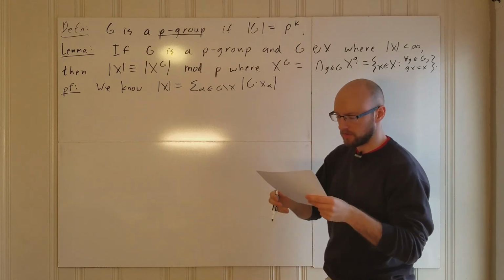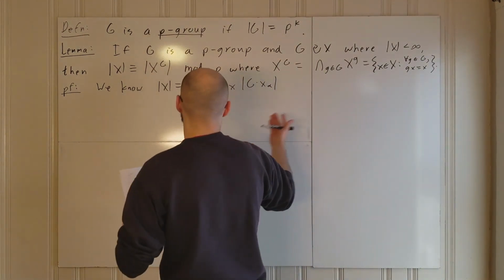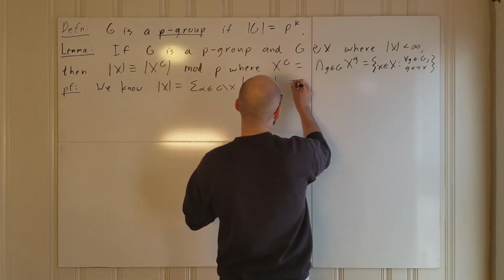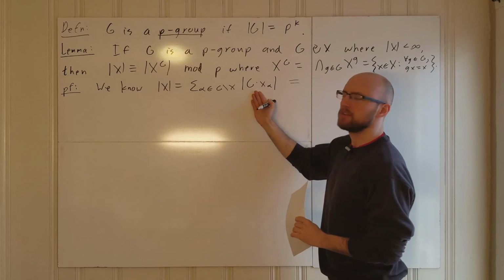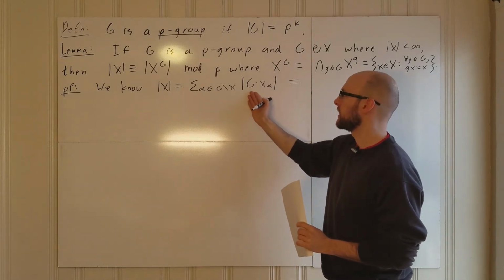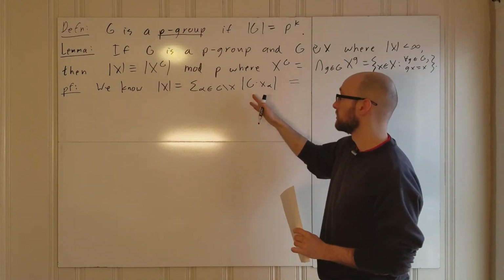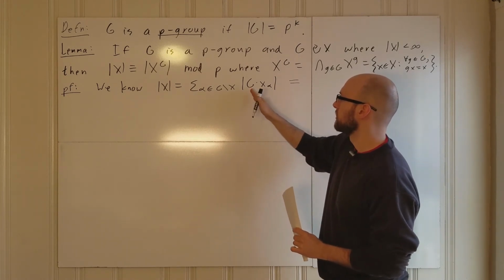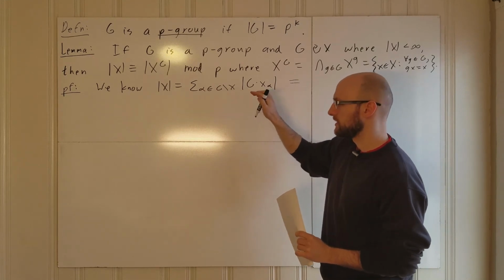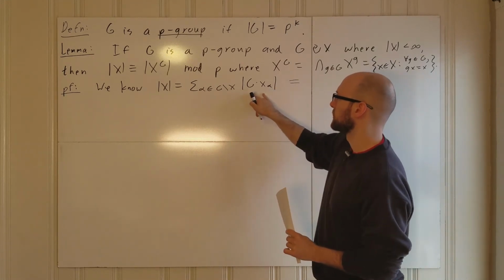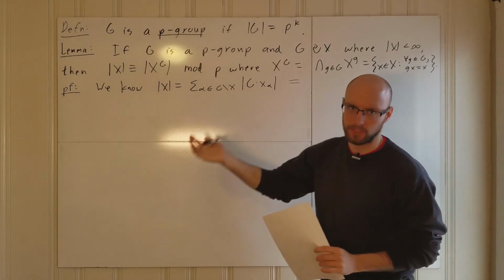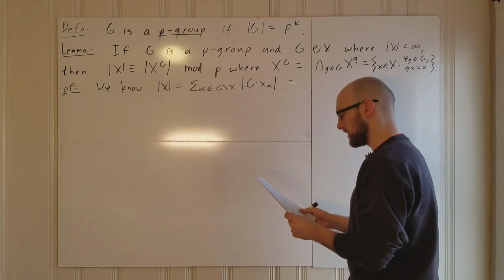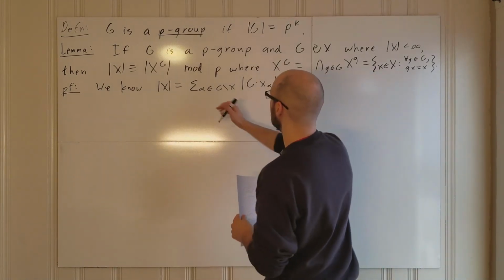I guess you could write that, but this makes it a little more obvious what's going on. You actually see that this is an orbit, because this is the number of elements in the set of elements of the form g times x alpha, where g is in capital G.